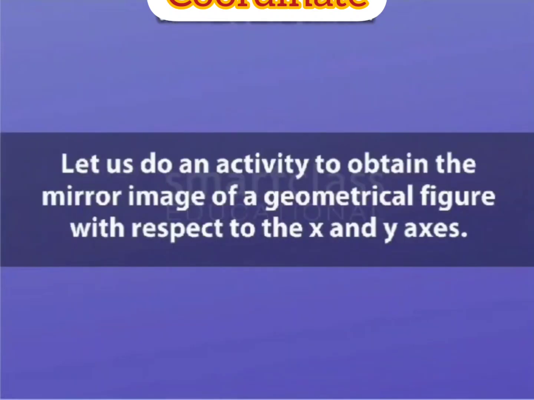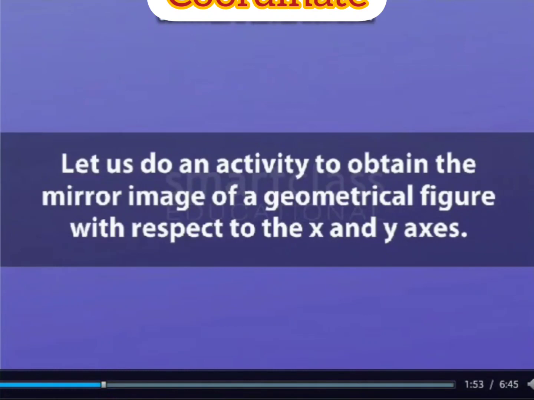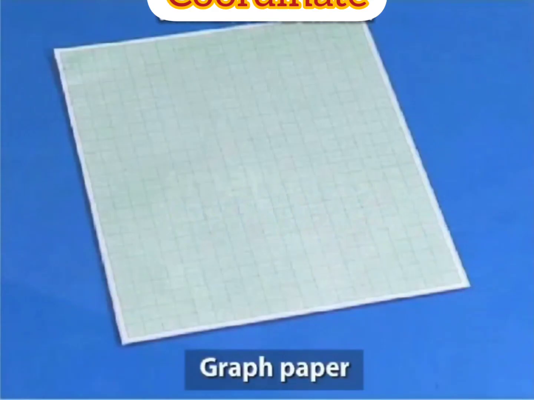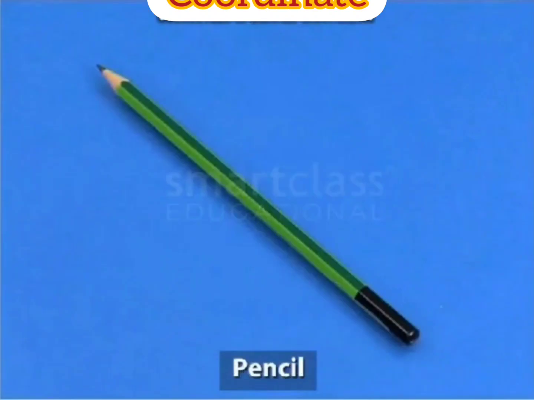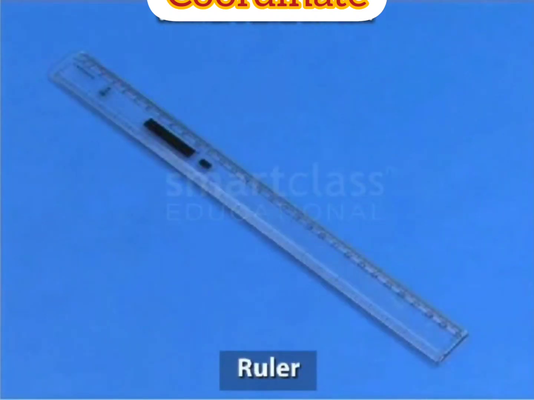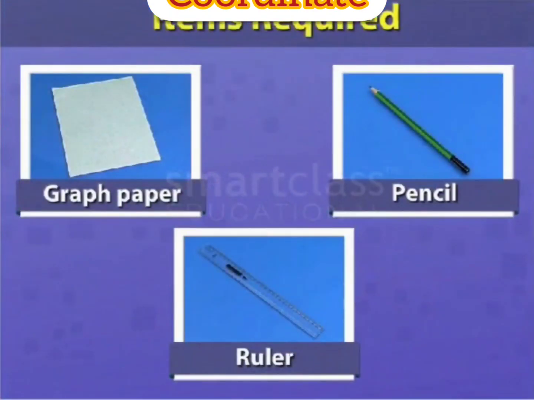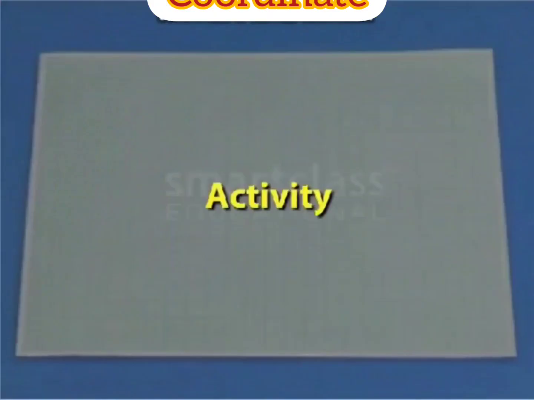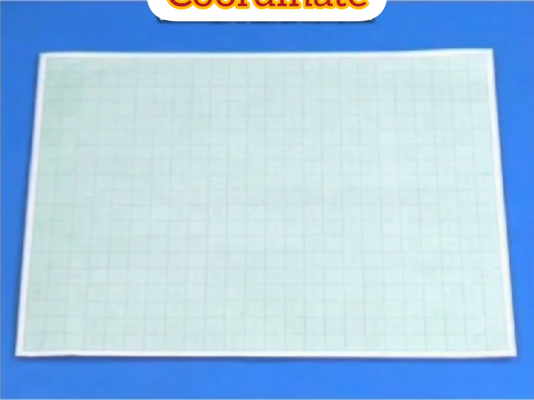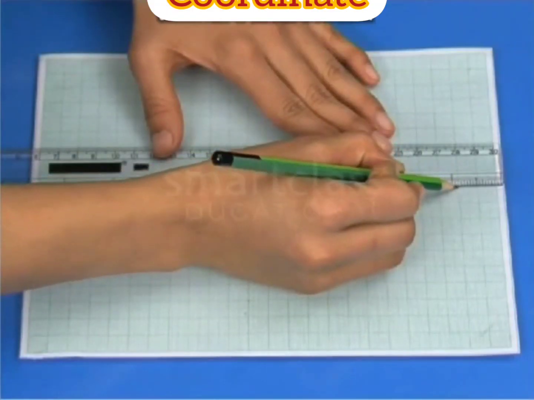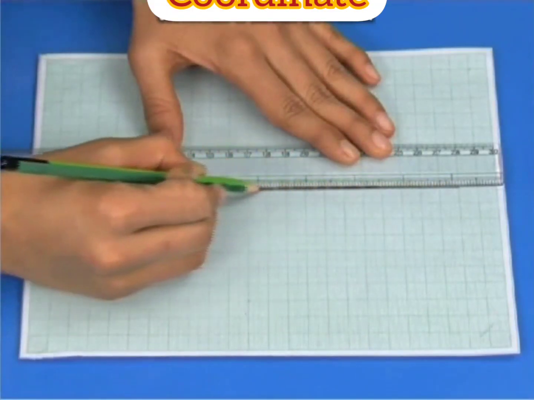Let us do an activity to obtain the mirror image of a geometrical figure with respect to the x and y-axis. For the activity, we need a graph paper, a pencil, and a scale or ruler. On the graph paper, draw two perpendicular lines as shown.